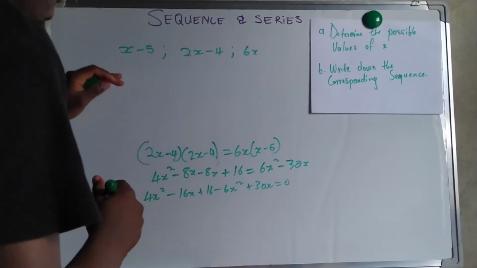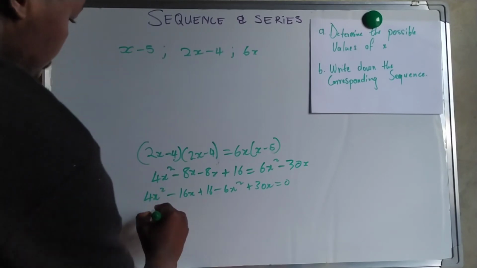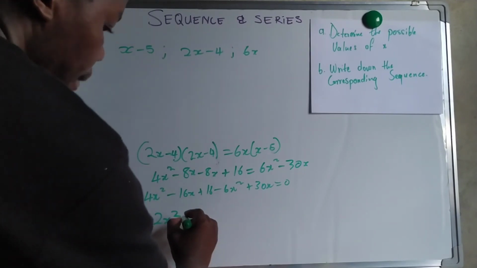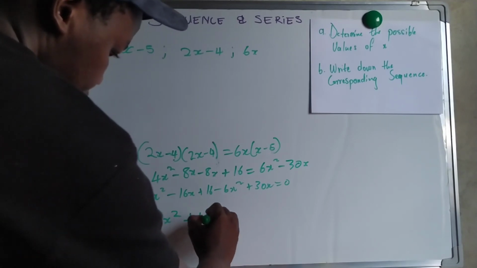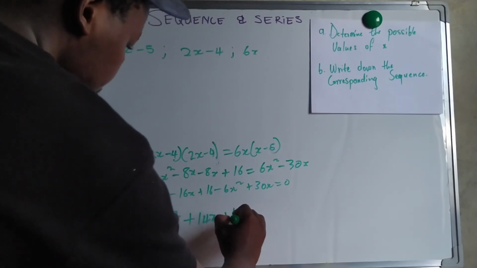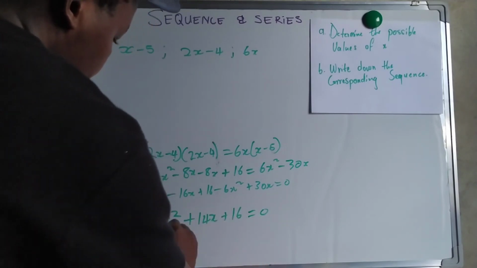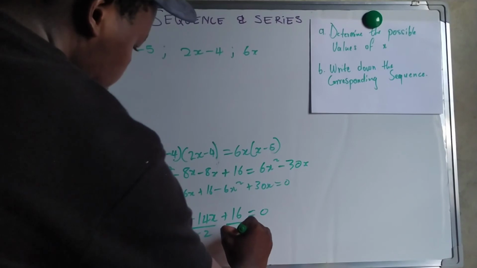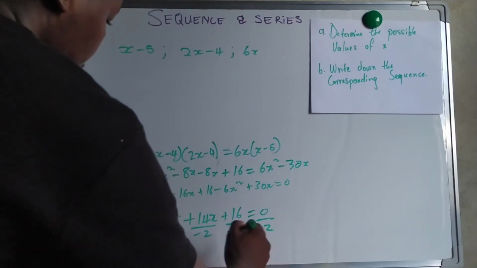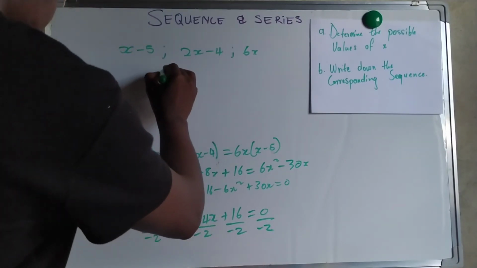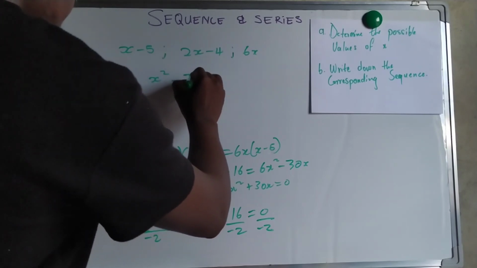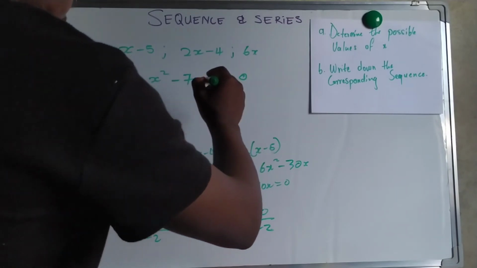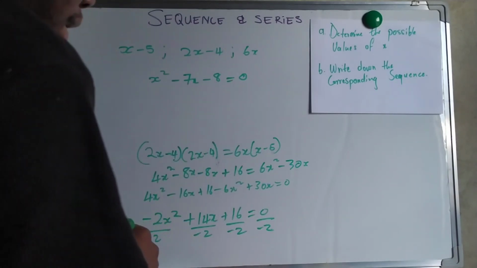Okay, so I've just erased so that we have space. So here we're going to have minus 2x squared, okay, and then we have plus 14x plus 16 equal to 0. Then we'll divide by negative 2 throughout. This gives us x squared minus 7x minus 8, okay, is equal to 0 because 0 divided by any number is itself.